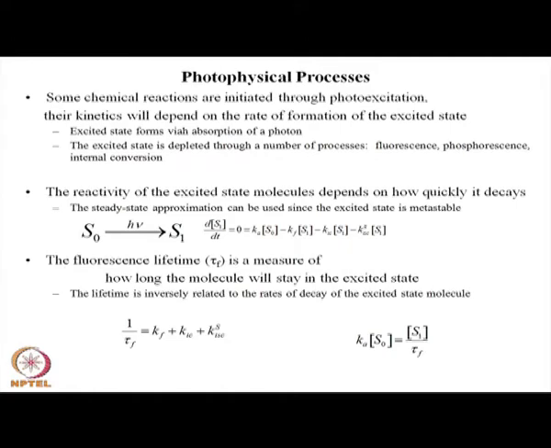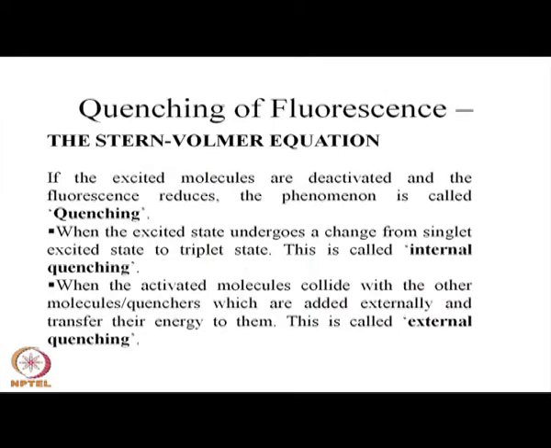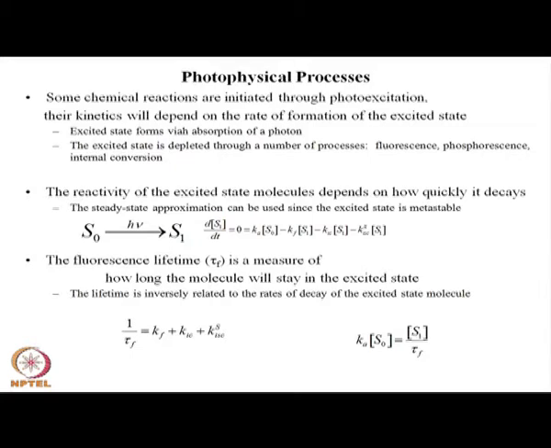So basically, if we look at the general photophysical processes, some chemical reactions are initiated through photoexcitation. Their kinetics will depend on the rate of formation of the excited state, which is very important. The excited state forms via absorption of a photon.